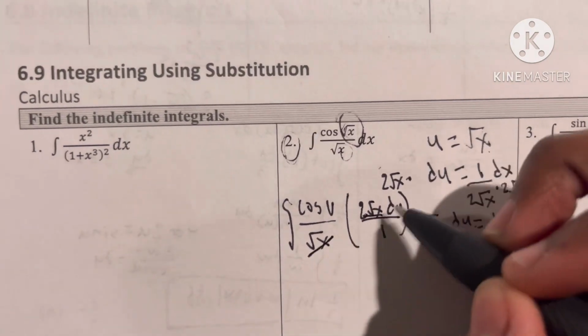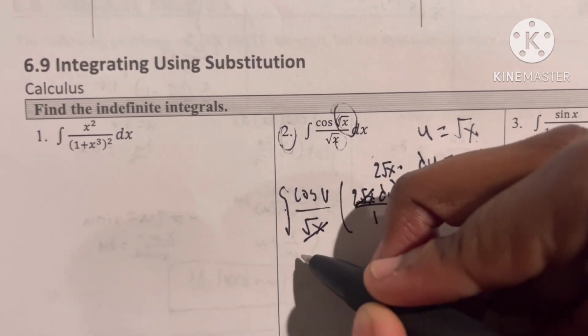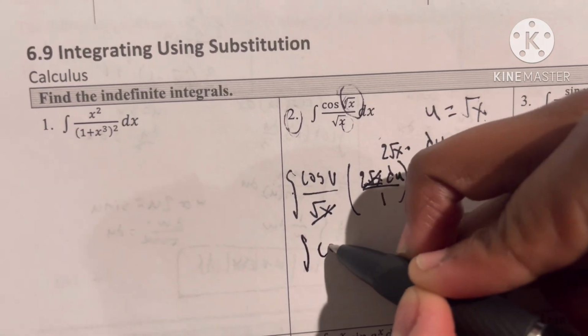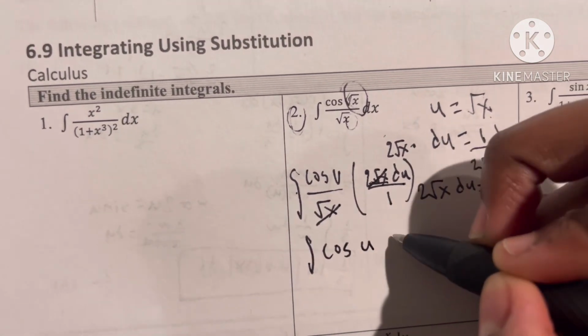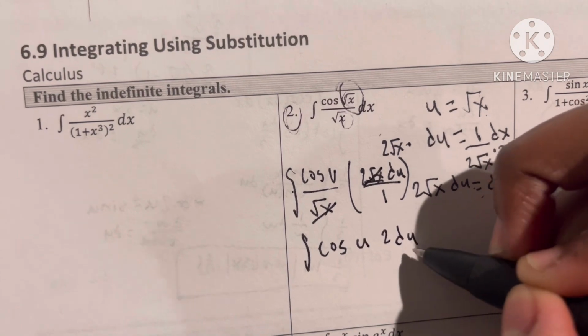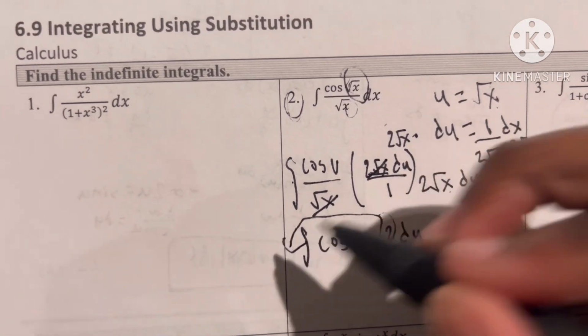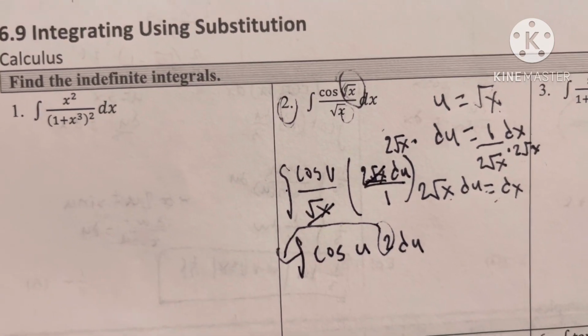You see, square root of x, square root of x. So that would just be the square root of cosine u du, and I'll put the 2 in front. I don't know, that's just how we were taught.